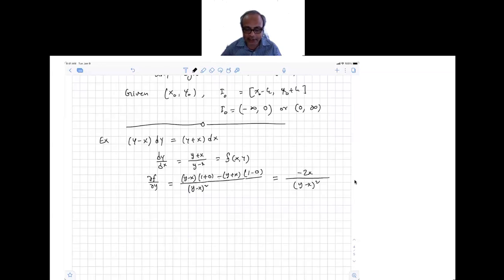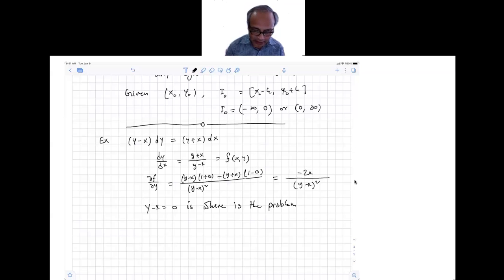Now you look at where f and df dy both fail to be continuous. Obviously y minus x is where the problem is. So y minus x equal to 0 is the problem, and you exclude it; it is a straight line.